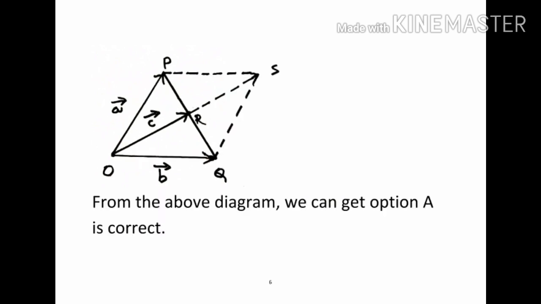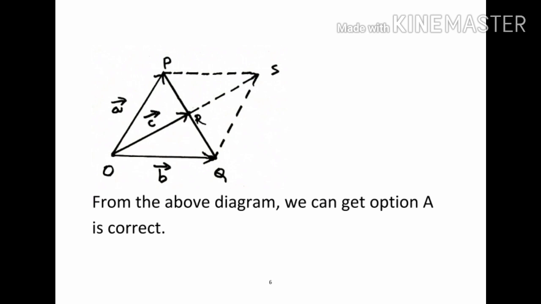To explain this, we extend the diagram as shown, and in this case A bar and B bar are taken as adjacent sides of a parallelogram OQSP, and C bar is in the direction of diagonal OS.